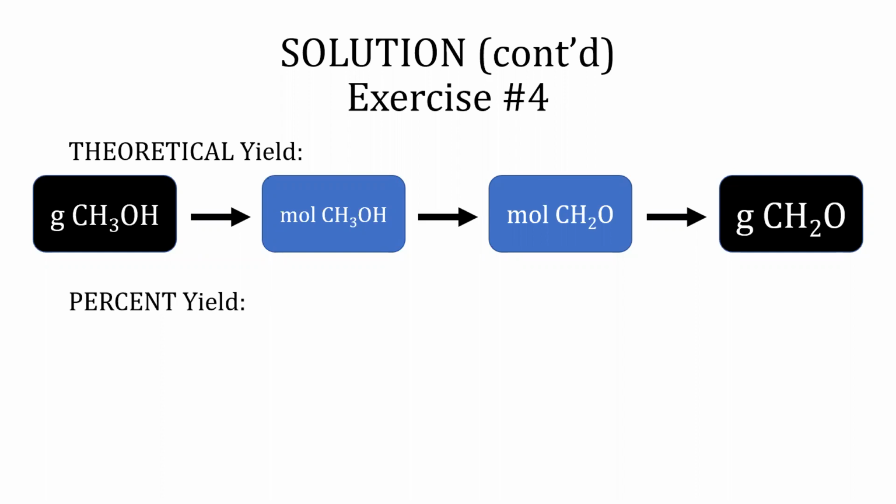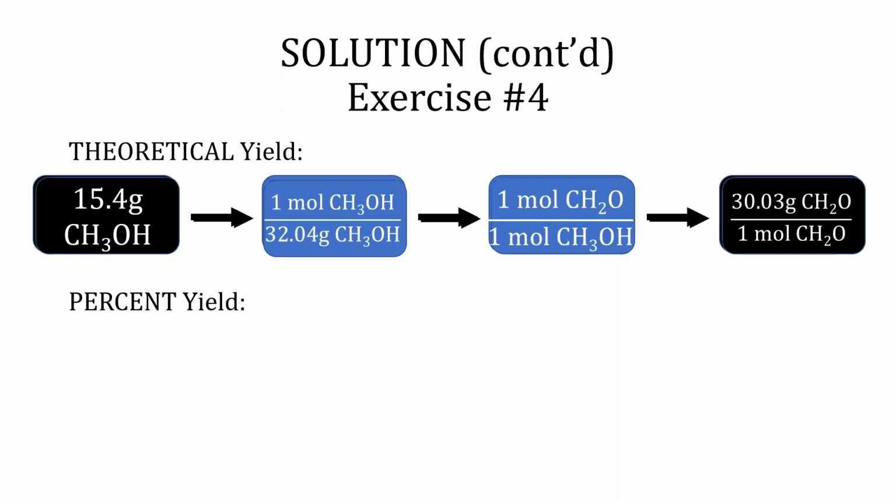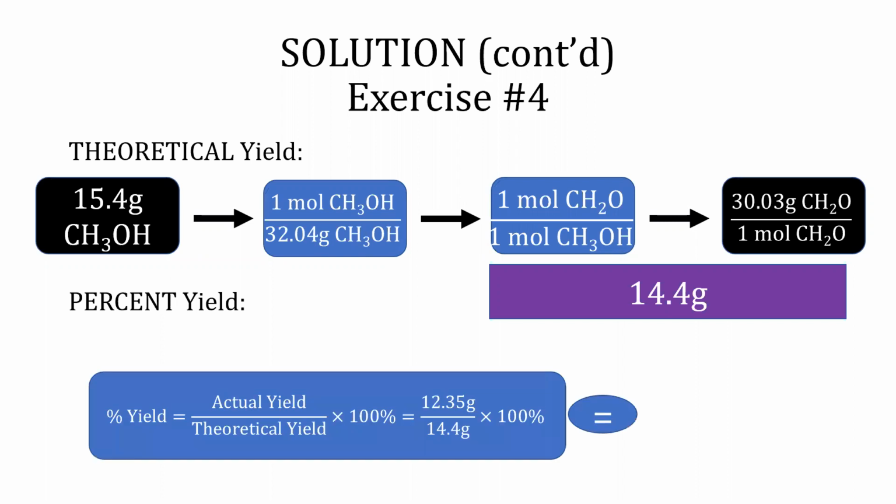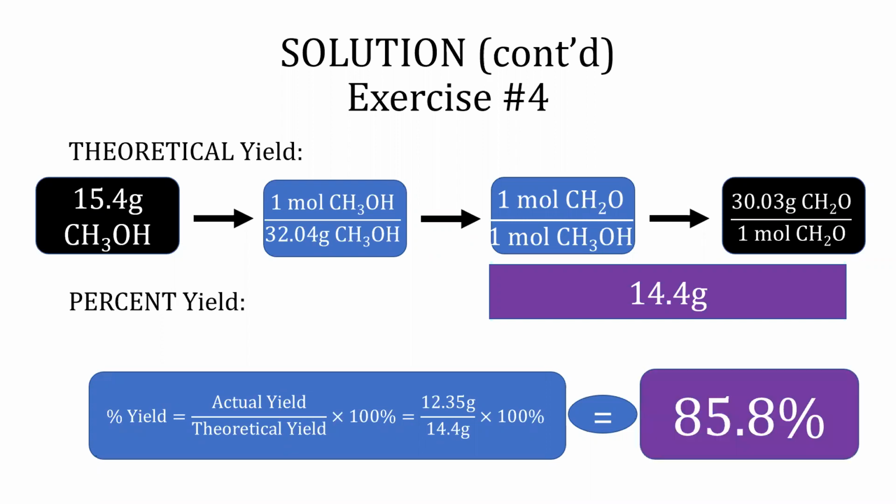After plugging in the numbers, 14.4 g of CH2O is produced. Now one can obtain the percent yield by taking the actual yield of 12.35 g and dividing it by the theoretical yield of 14.4 g, and after multiplying it by 100%, get 85.8%.